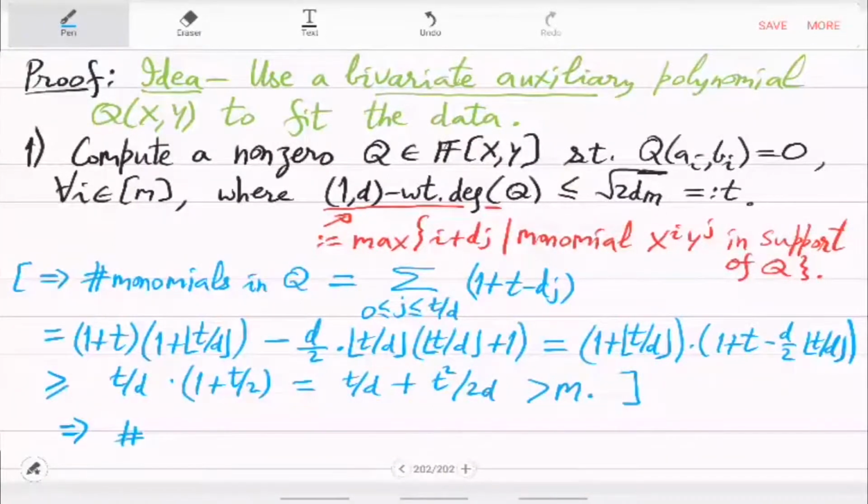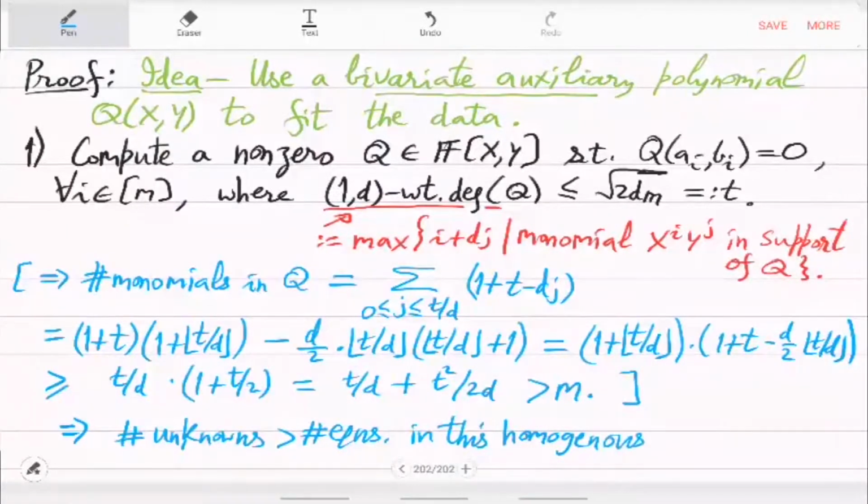So the number of unknowns is greater than the number of equations in this homogeneous linear system. Okay, so that means step 1 will find a Q.